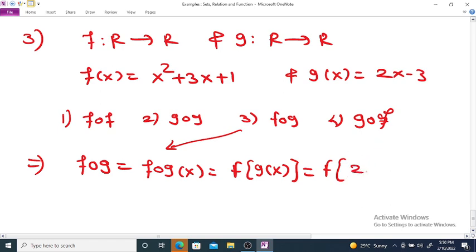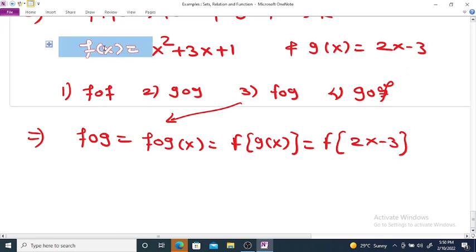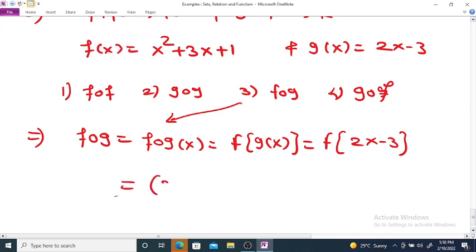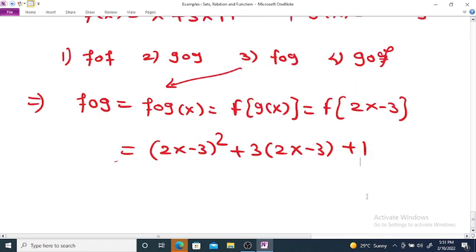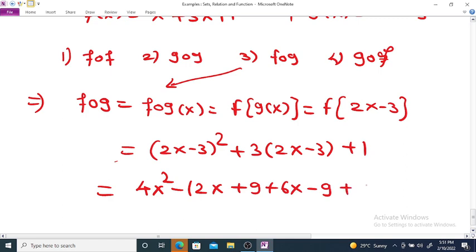Which is equal to f of (twice x minus 3), and if we put twice x minus 3 in place of x, we get (twice x minus 3) bracket square plus 3 times (twice x minus 3) plus 1. We know that (a minus b) square is a square, that is, twice x square, it is 4x square, minus the product of these two terms, 12x, plus 9, plus 6x minus 9 plus 1 here.